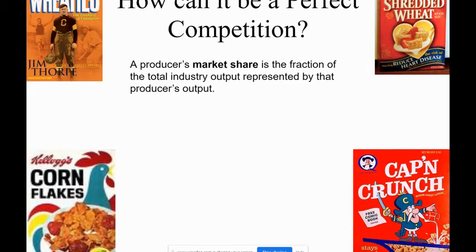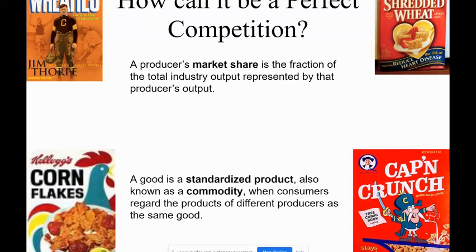There are an aisle full and shelves just full of different types of cereal, meaning that there's not a huge market share. But when you go to the soda aisle, yeah, there's a lot of different types and a lot of shelves filled up, but a lot of times it's pretty much a Coke product or a Pepsi product, and maybe a third or fourth party, but really Coke and Pepsi have the market share. In perfect competition, you have no power. That's why you're a price taker.